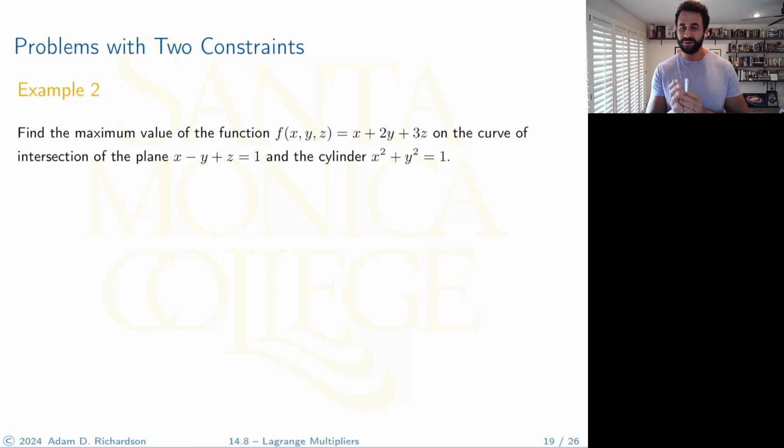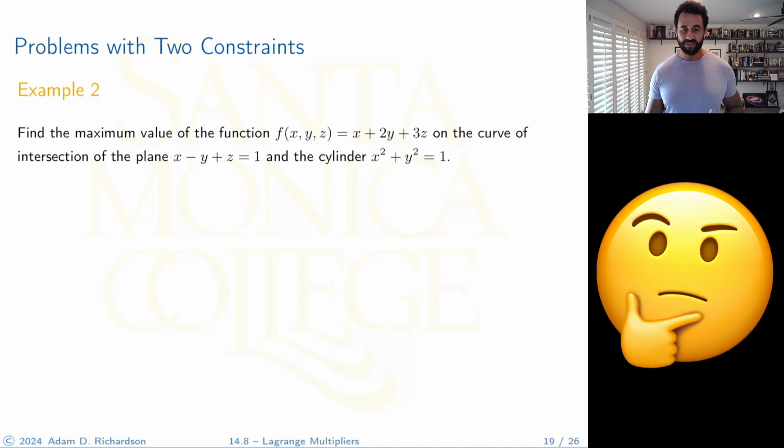Now here we go. Here's the moment of truth. Here's one that I want you to try on your own, okay? And then we're going to do it together. So here is the question. Find the maximum value of this function on the curve of intersection of the plane here and the cylinder here. All right? So first just ponder it for a minute. Look at it, mull it over in your brain.